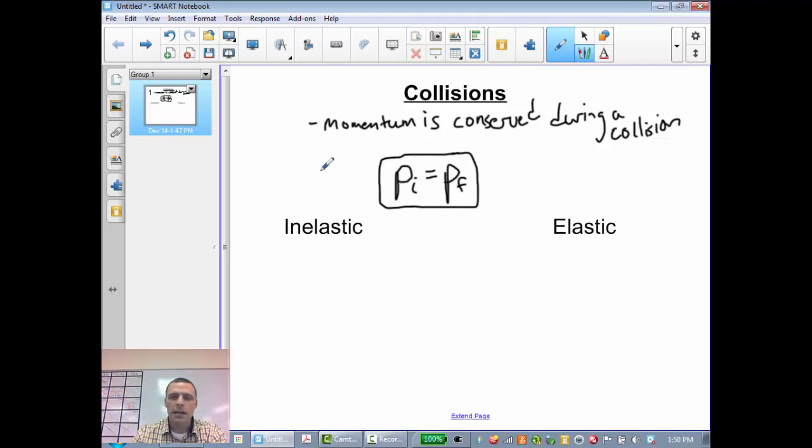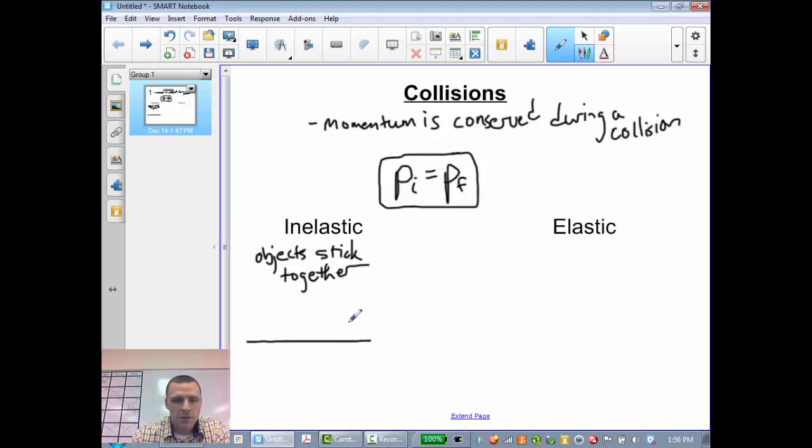One is inelastic. And in an inelastic collision, objects stick together when the collision occurs. So for instance, if we have two cars, there's car A, and it's rolling along, and car B is at a stop sign.